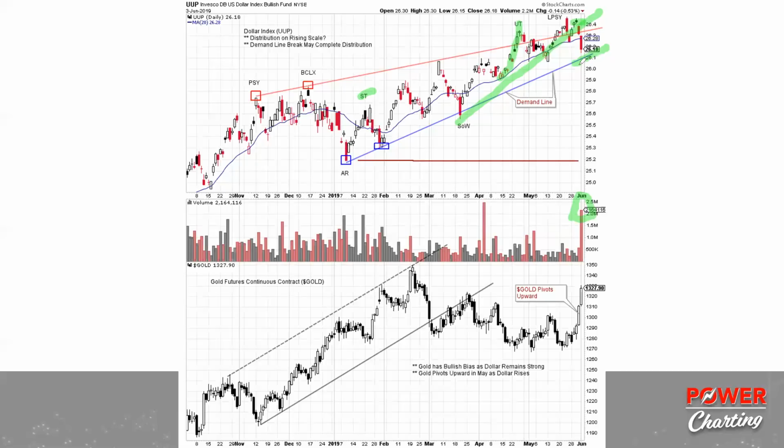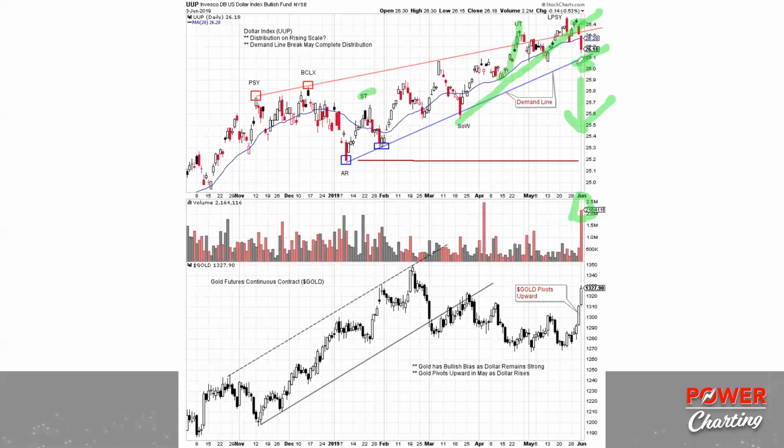Maybe it spends a little bit of time bouncing around in this area after breaking it, but a true completed distribution will have a sudden and sharp decline to an important support point below. And so this is something that we would be on the alert for.